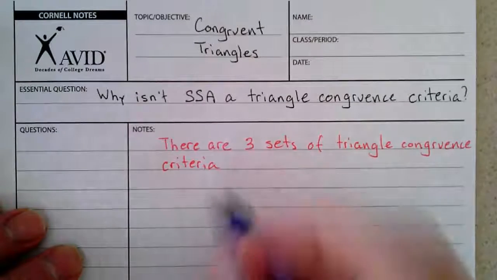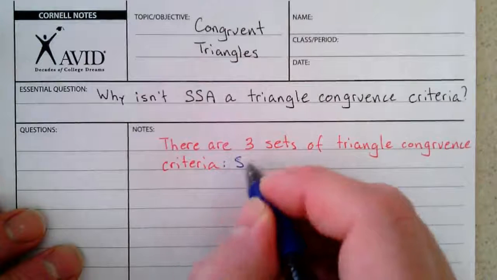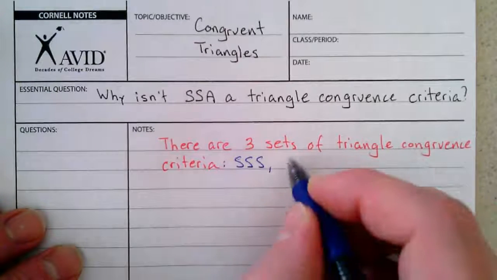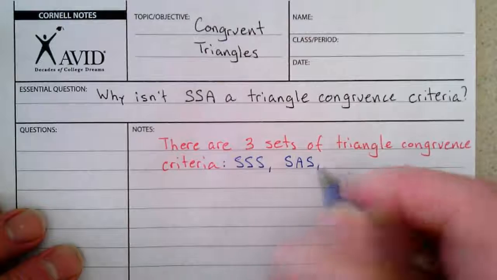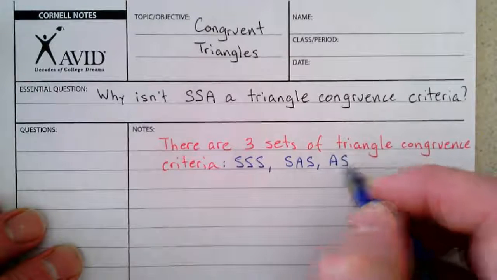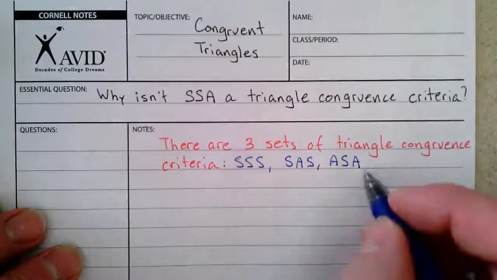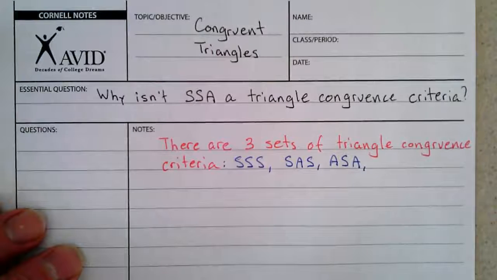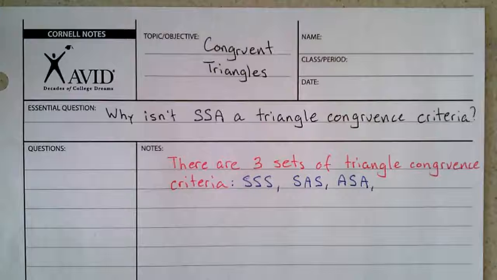And they are side, side, side, side, angle, side, and angle, side, angle. But there are other combinations of sides and angles that we might look at, and some of them are enough to show that two triangles are congruent.